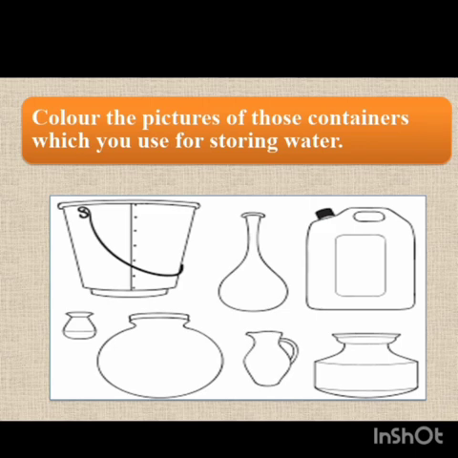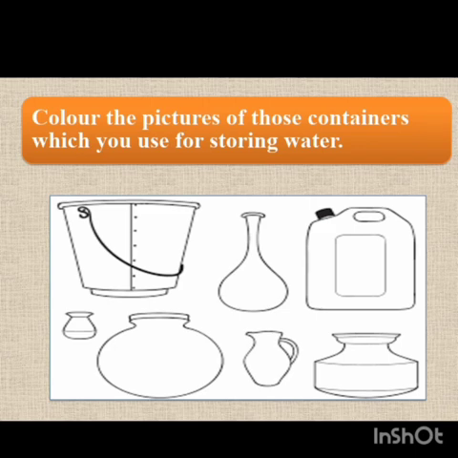Then you can see the matka. Matka is also used for storing water. So, you have to color the matka. Now, you can see the can. Can also be used for storing water. So, we have matka, bucket and can to store water.